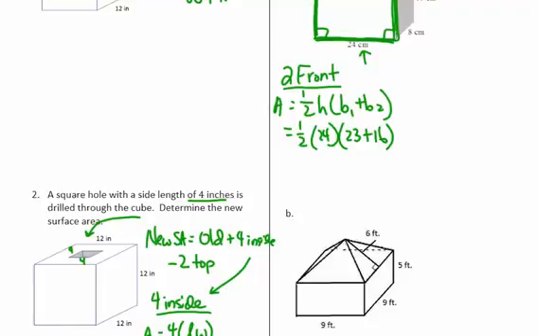So when we find that, we're going to double this answer. 468. We're going to multiply that by 2 because there's 2 of them. That's 936 centimeters squared.